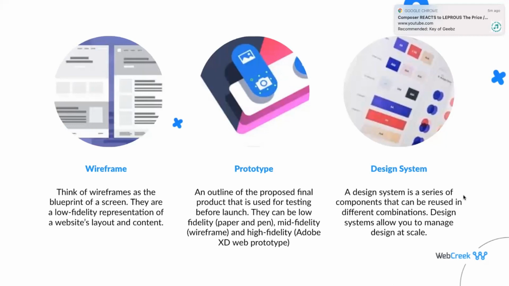A design system. A design system is a series of components that can be reused in different combinations. As you've seen at WebCreek, we have clients that we've worked with over the years, and they tend to extend their products and their services, like they scale it within the same bounds.